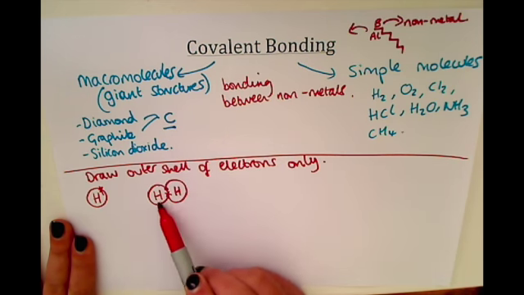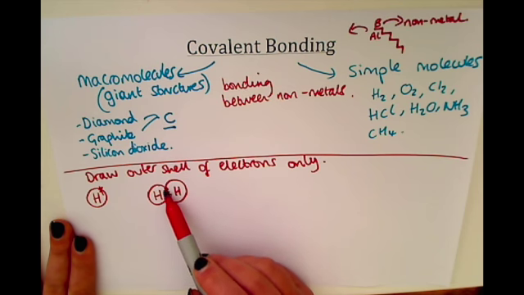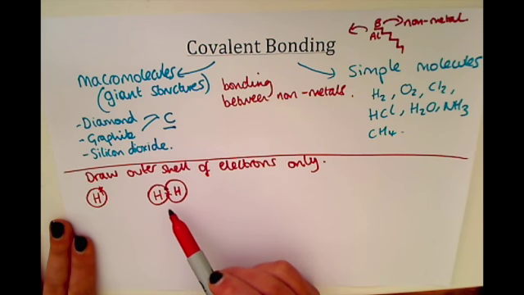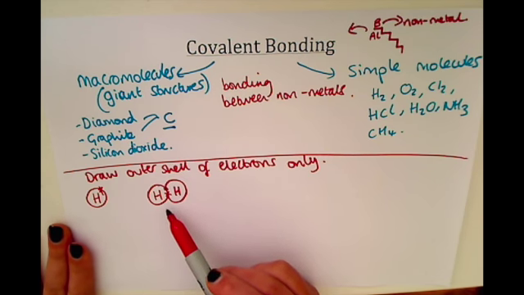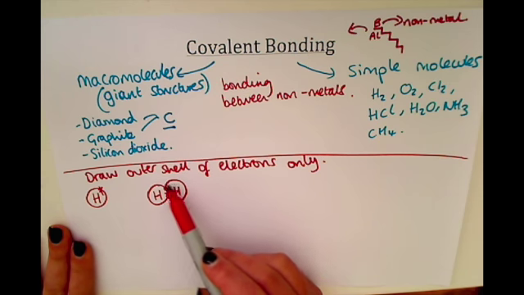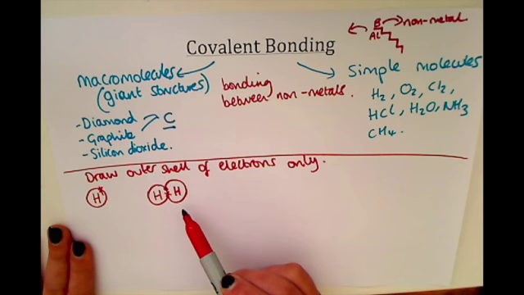Now we have two hydrogen atoms together, but they are sharing a pair of electrons. One hydrogen atom has this electron, the other has this electron, but together they are sharing them. In the case of hydrogen, it has a complete outer shell because hydrogen only has one shell, and that shell can only hold two electrons.